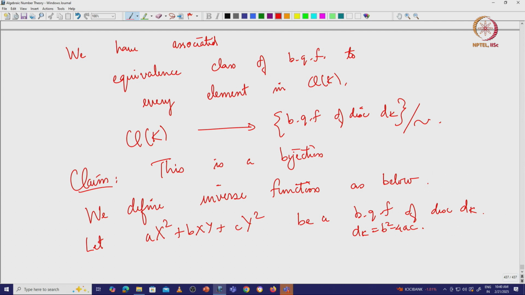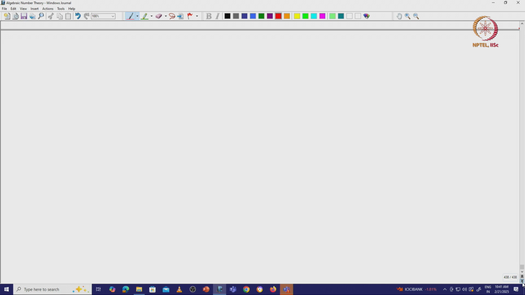Then we can write this thing as follows. We can take a common out of it and write it as a times x plus lambda y and x plus sigma lambda y. And we know what this lambda and sigma lambda are.